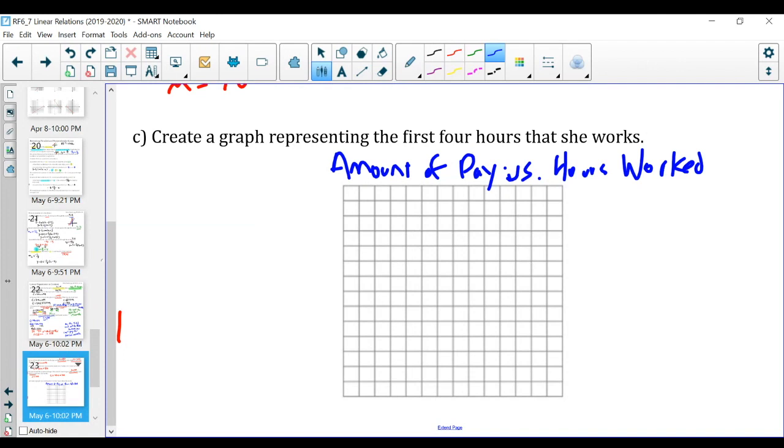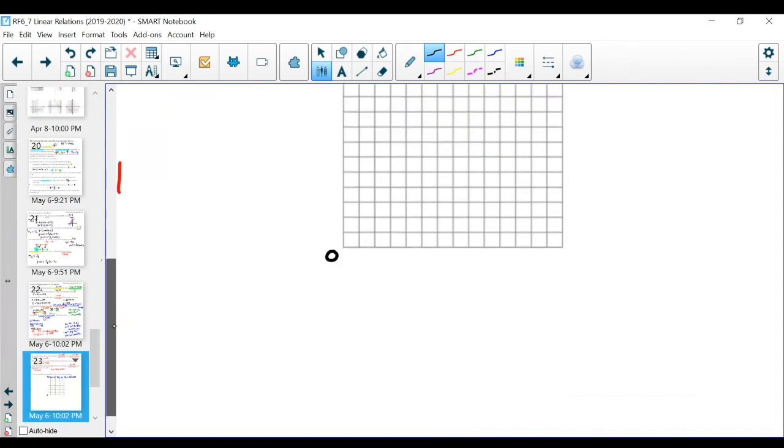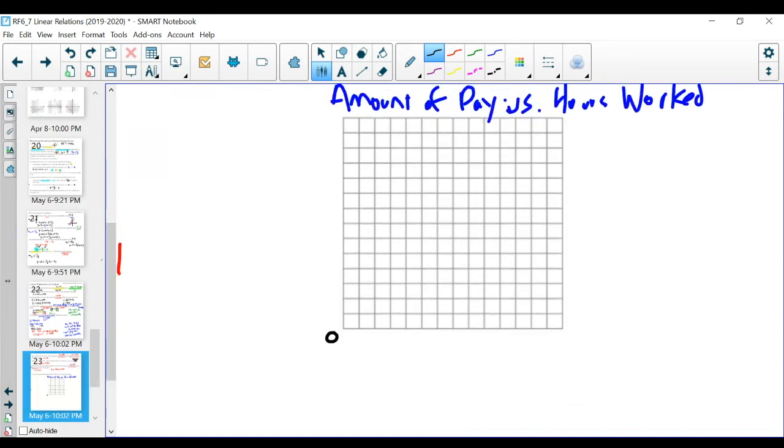Now we're going to make a graph here. Let's start off here at 0. At the bottom, we are going to be looking at hours, so let's say that every 2 is going to be 1 hour. And then along the side here, we're going to go up.